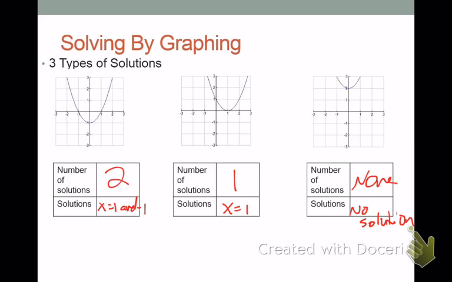Okay? Now, I mentioned before that solutions are also called roots, which are also called zeros, which are also called x-intercepts. Now, it's easy enough to see why they're called x-intercepts, because this graph hits the x-axis. Why they're called roots is a whole different conversation. Why they're called zeros makes a lot of sense, because the coordinates for these points, (1, 0), (-1, 0), the y coordinates are zeros.